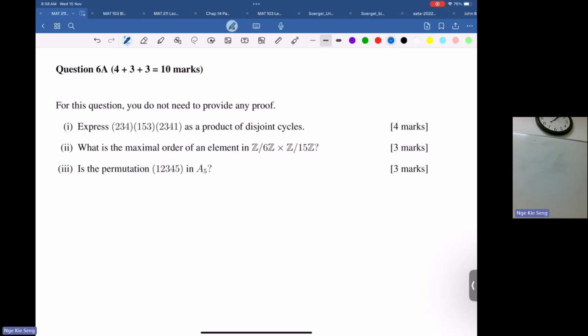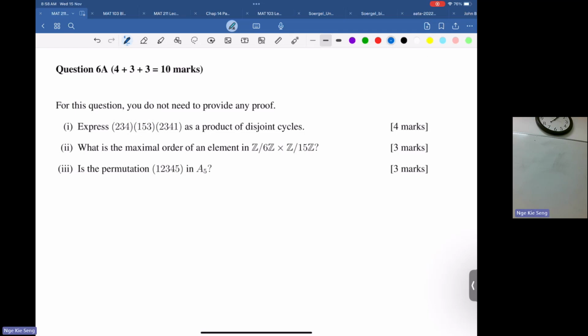For example, is this product disjoint or not? No, right? The first and second both have three inside, so they are not disjoint. How about the second and third? No, they also have three. All of them have three, so they are not disjoint to each other. So you need to compose them and see what disjoint cycles you can get.